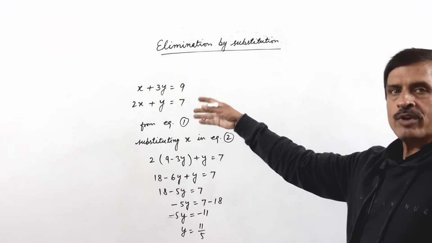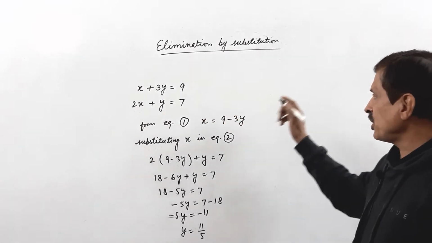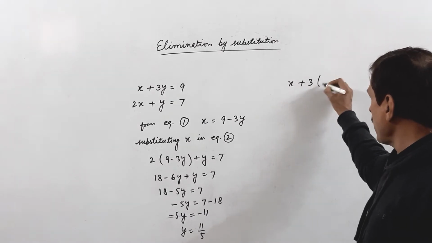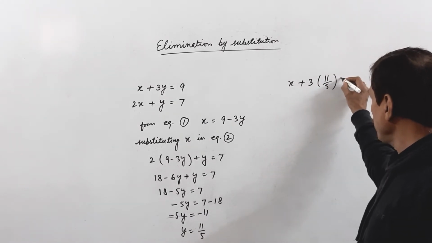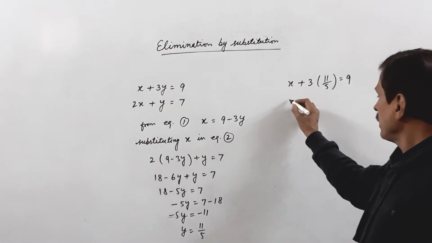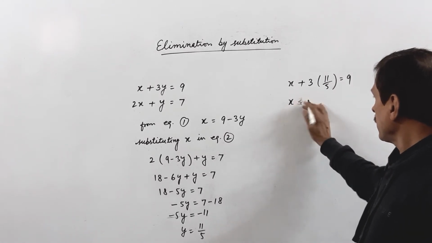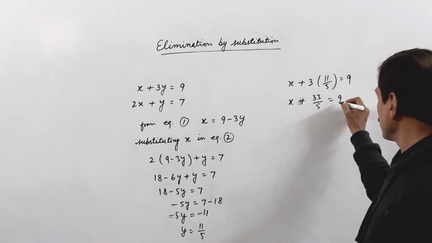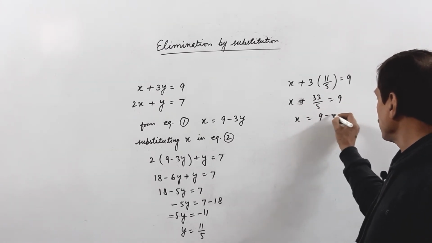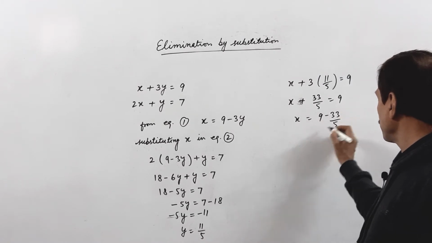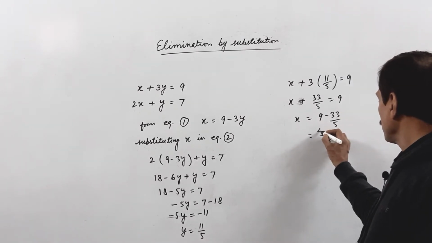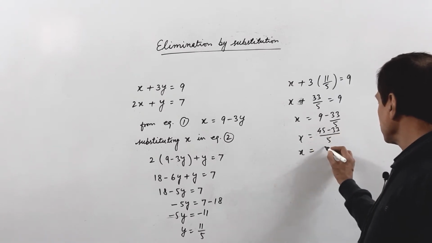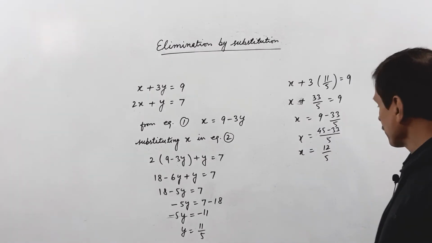Now we substitute the value of y in any equation. Here we consider the first equation and substitute y by 11 upon 5. x plus 33 upon 5 is equal to 9, or x is 9 minus 33 upon 5, and that is 45 minus 33, and thus x is equal to 12 upon 5.